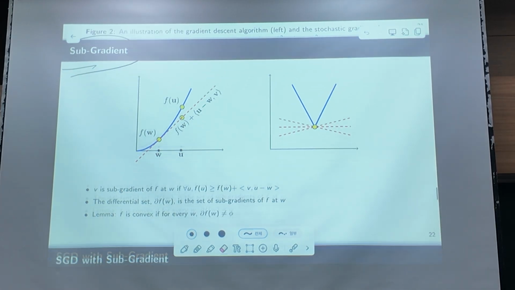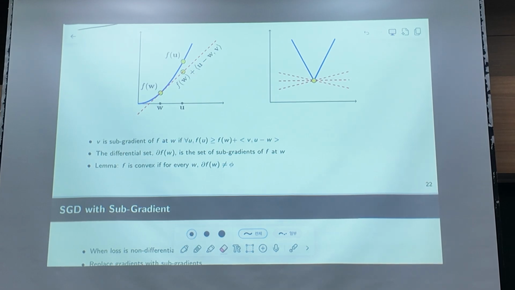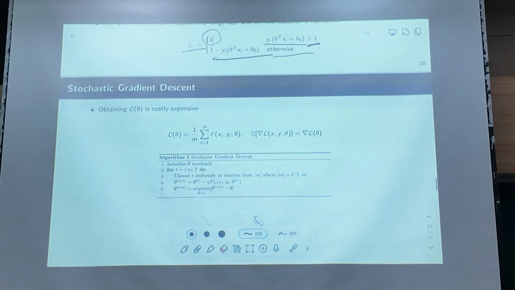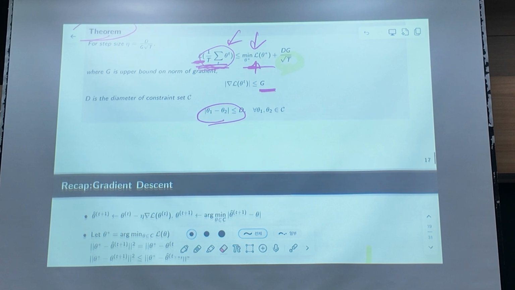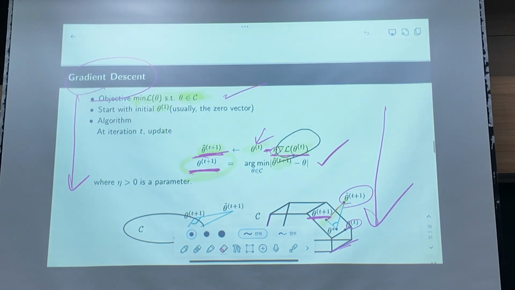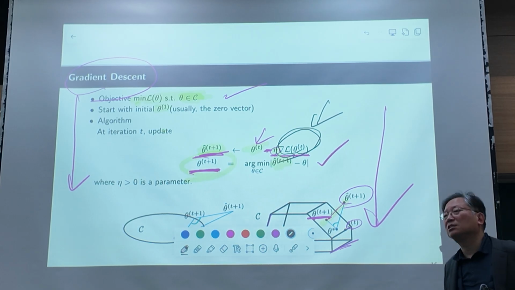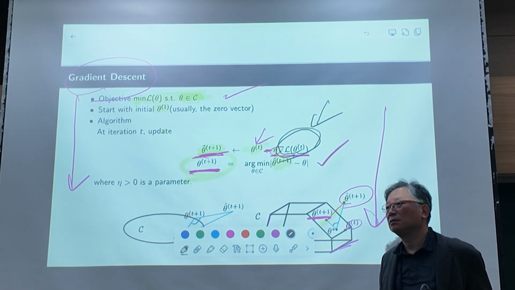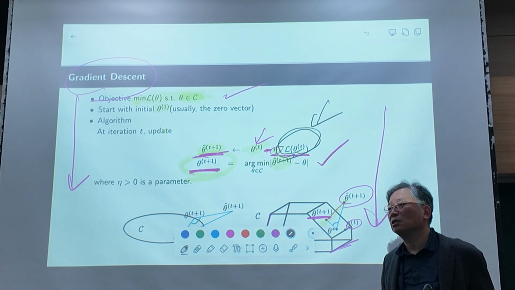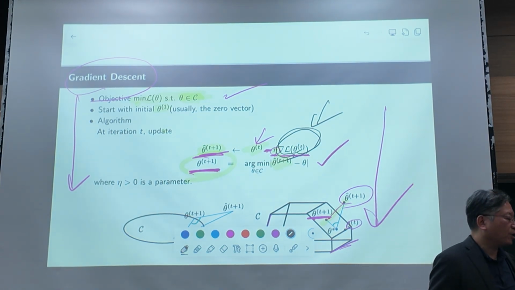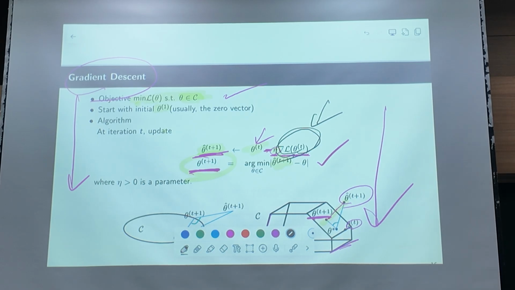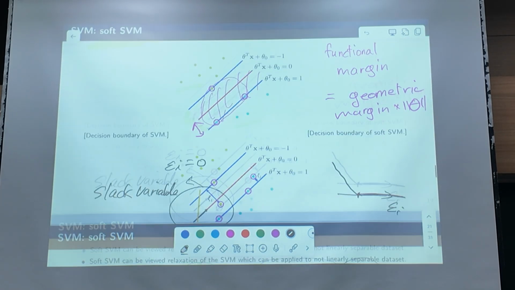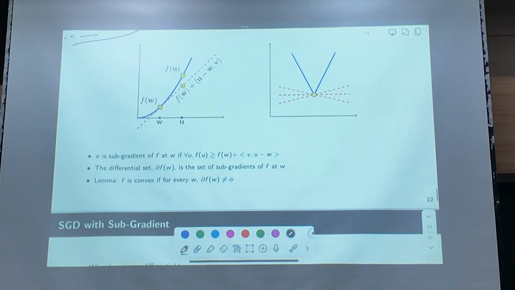And using gradient descent, instead of using the gradient, you could replace the gradient with the subgradient, and it works perfectly well. And obviously, you're going to choose a subgradient that doesn't require a lot of computation, because you have many choices to choose from.